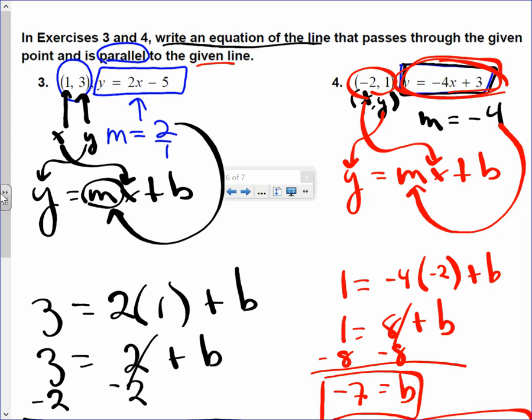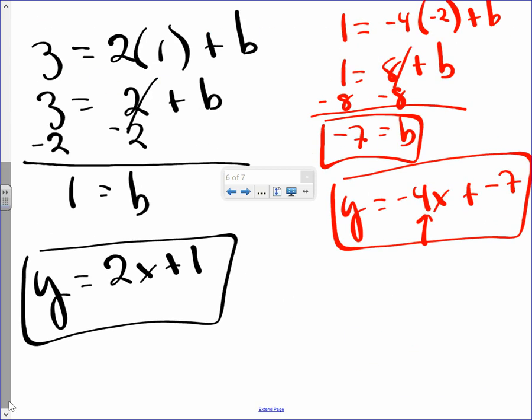I just didn't care about the 3. This is a different line that's parallel with the original line.